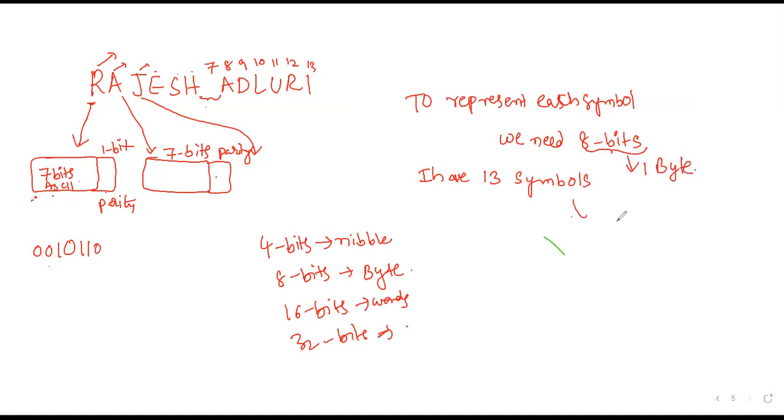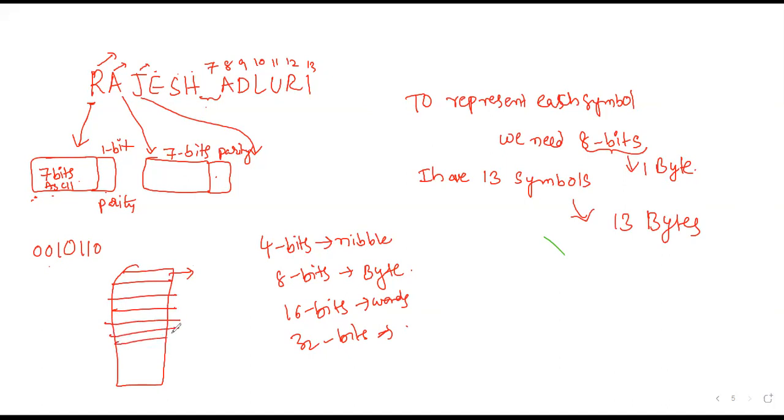So 13 symbols take 13 bytes. So to store my name, the computer needs 13 bytes of storage. In a computer, the memory is divided into bytes. Each location has 1 byte. So it has to allocate you 13 storage locations. The total storage needed is 13 bytes.